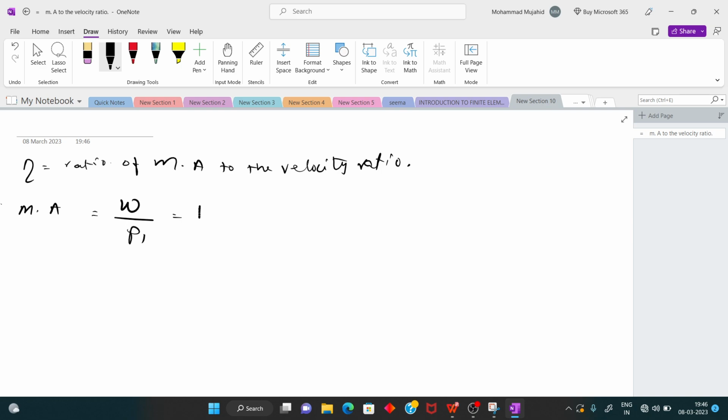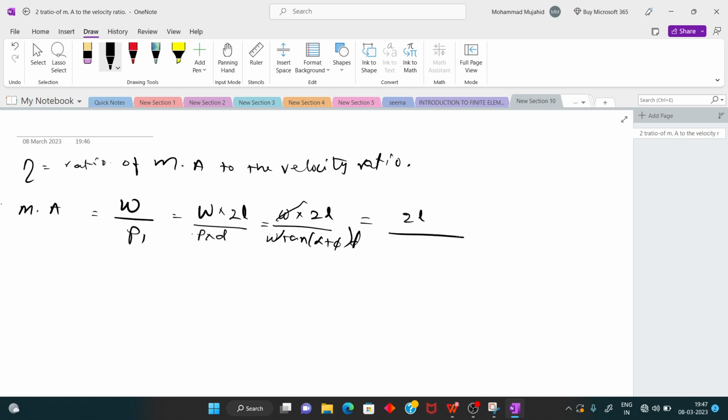From this, W by P1, you can write P into D by 2L, so 2L is going to be in the numerator. Then you can write it as W into 2L by W tan of alpha plus phi into D. W will get cancelled, giving 2L by tan of alpha plus phi into D.